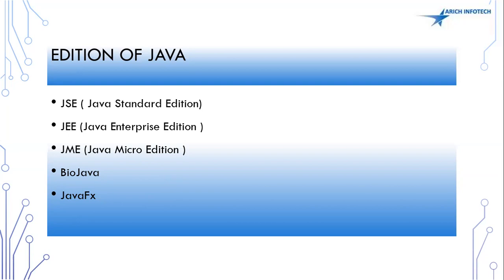BioJava is used for medical research, and JavaFX is used to develop front-end programming. So there are different editions of Java that Oracle provides. As per our requirement, we can use any edition of Java.